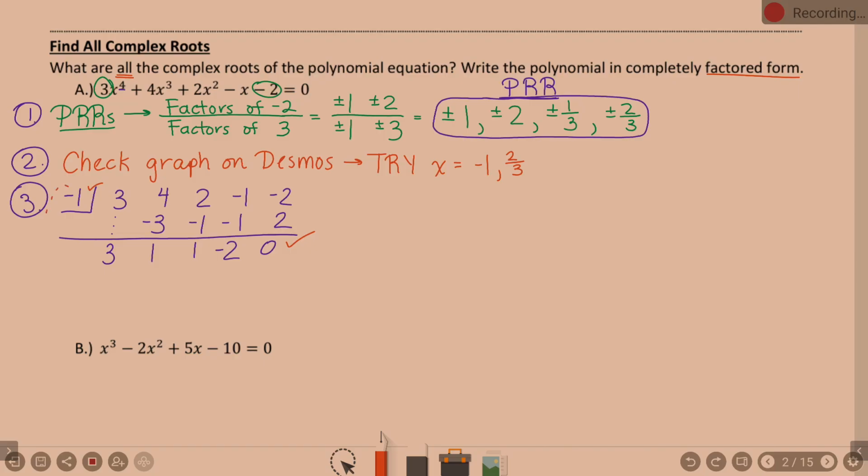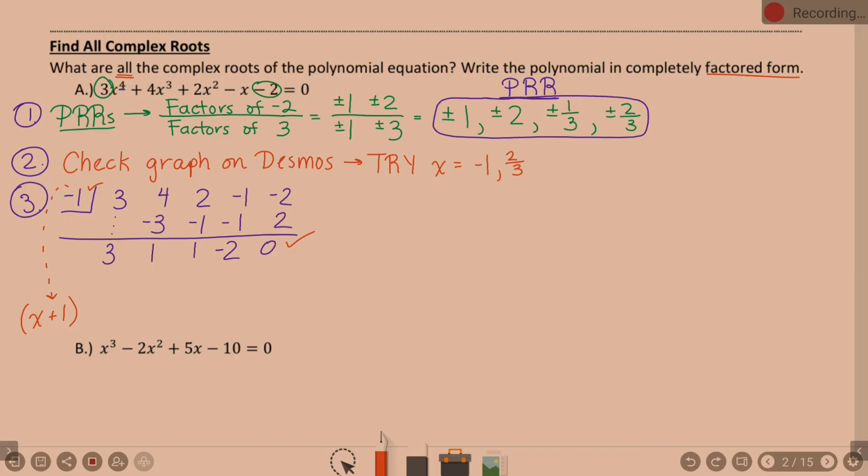Well, just to kind of get ahead of the game, what is -1 as a factor going to be? It's going to be x minus -1, or in other words, x plus 1, yes?